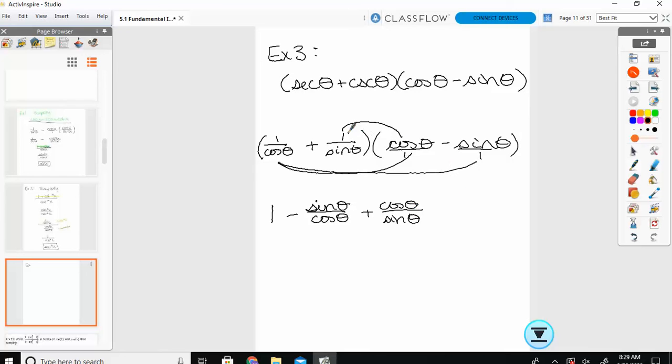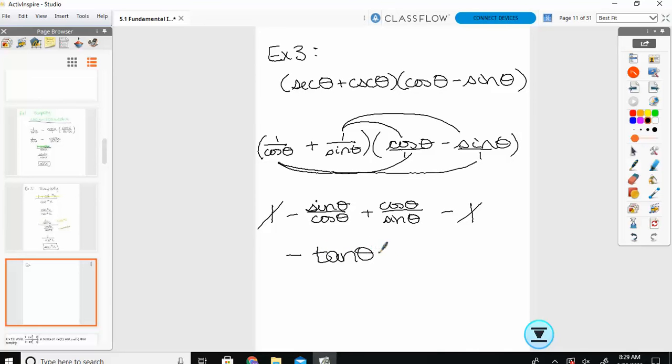Sine theta times 1. Minus. This will give me sine theta over sine theta. What happens to my 1s? Those cancel. Positive 1 and negative 1 cancel. So I have a negative. What is sine theta over cosine theta?